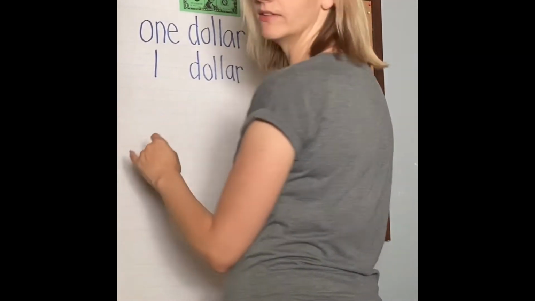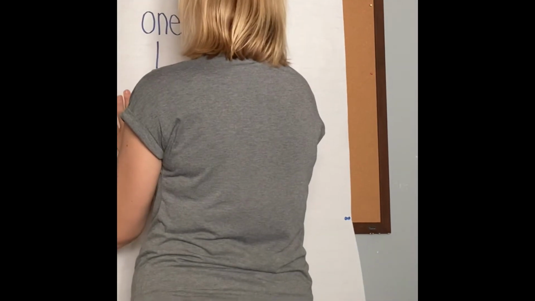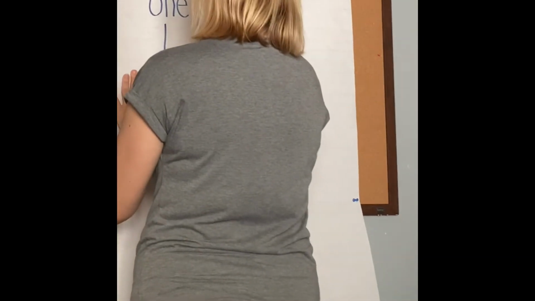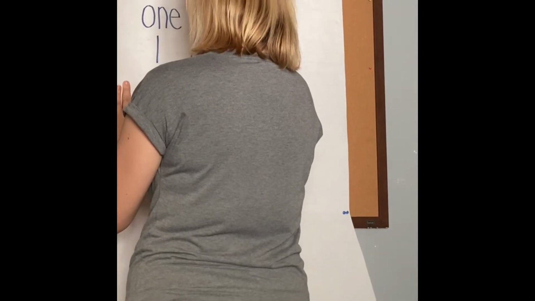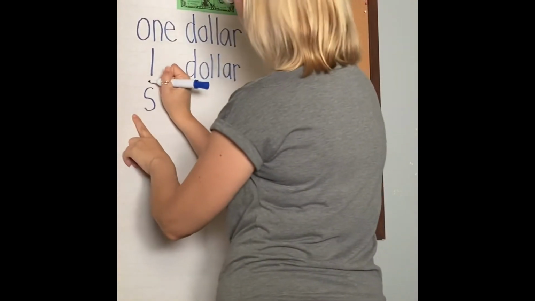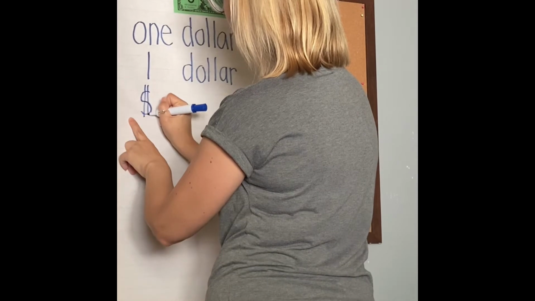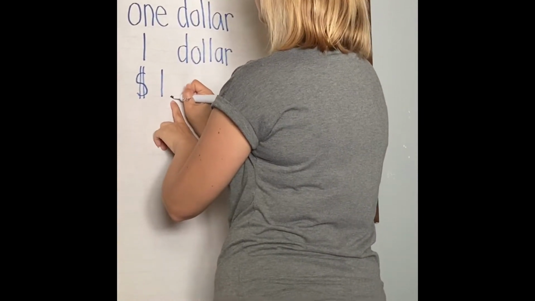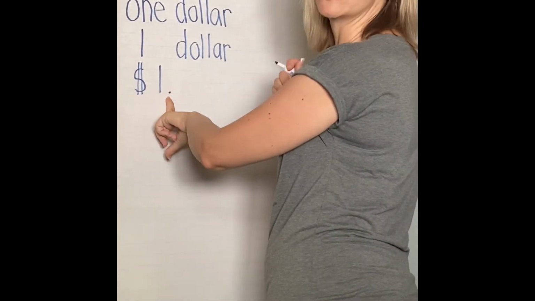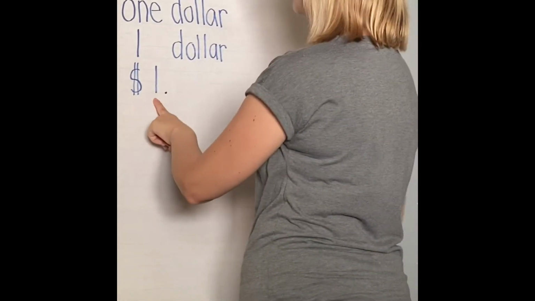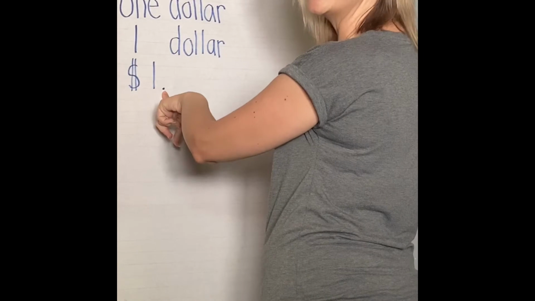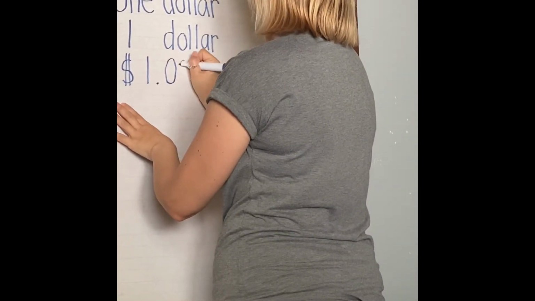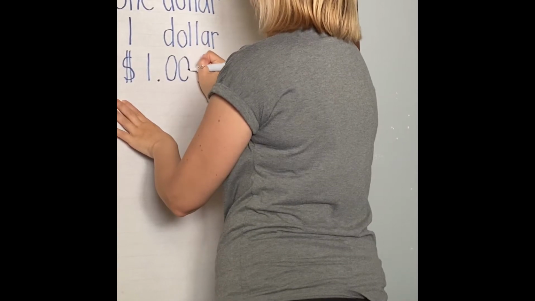There are a couple different ways. Our dollar sign is basically an S with 2 slashes in it. I can write my 1, my decimal point, 0, 0.